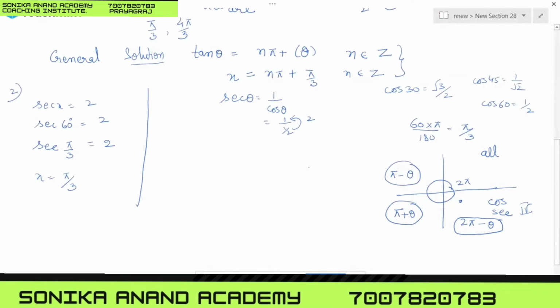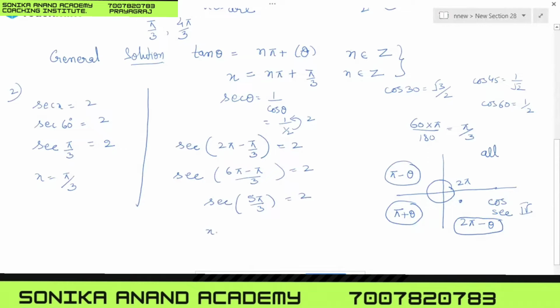So it becomes sec of 2 pi minus pi by 3. Easy. So sec 5 pi by 3 is equal to 2.